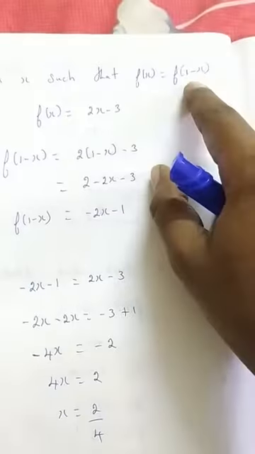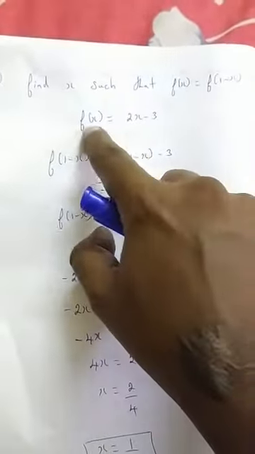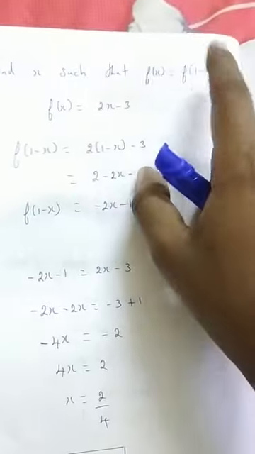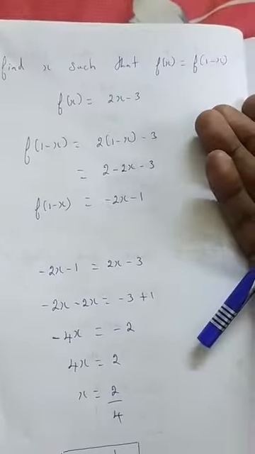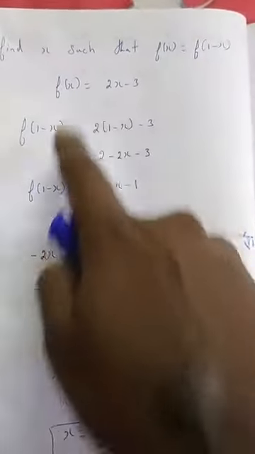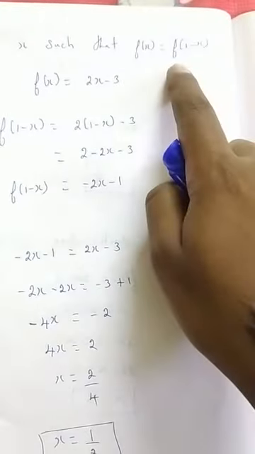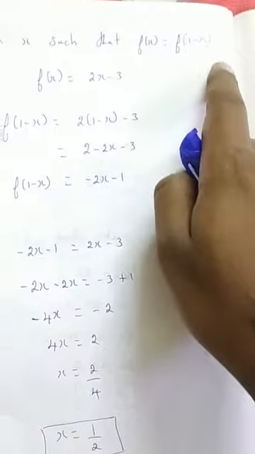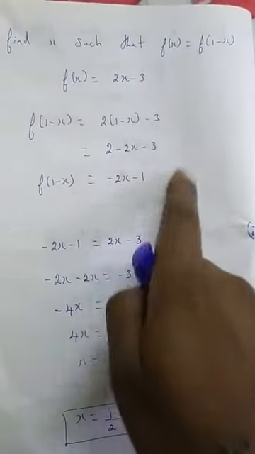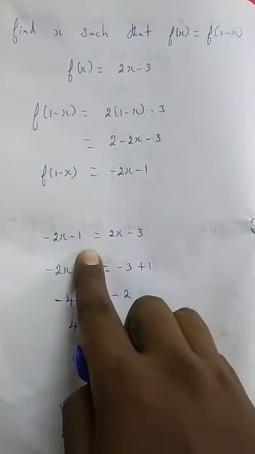So first we have to find out this value and then substitute it in the place of f of x. If it is 1, for example, we can directly substitute 1 in the place of f of x and find out the value of x. But since it is a function, first we have to find out this f of 1 minus x value and then proceed further, right?